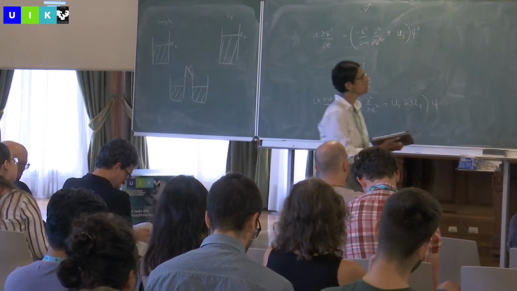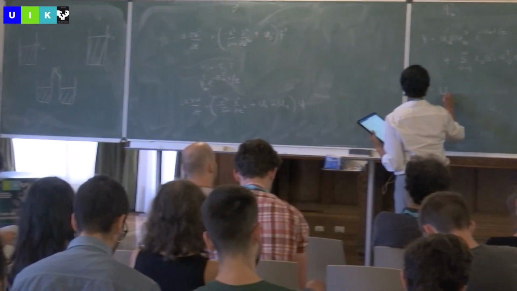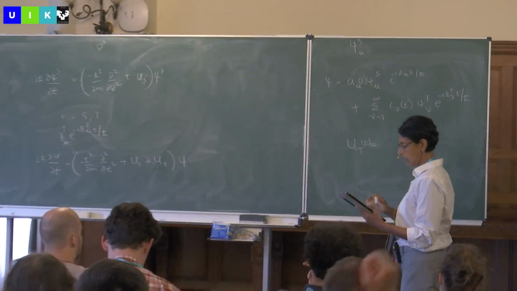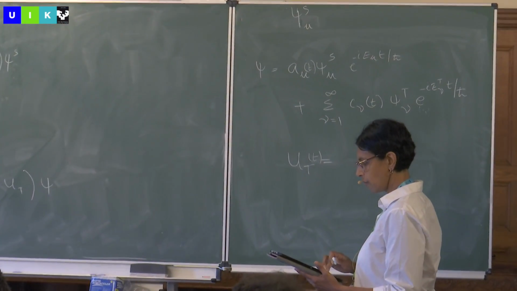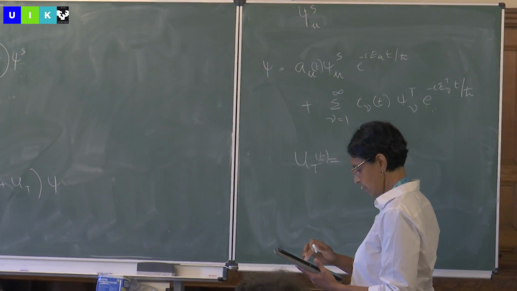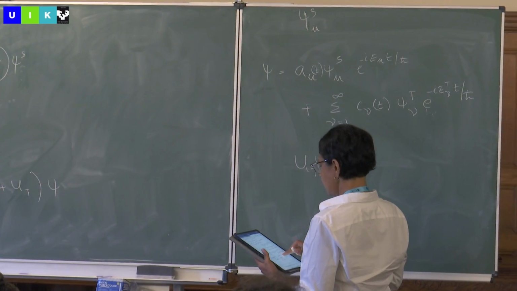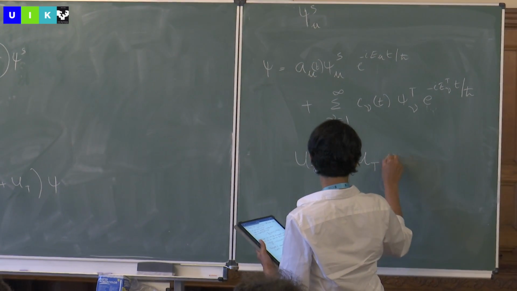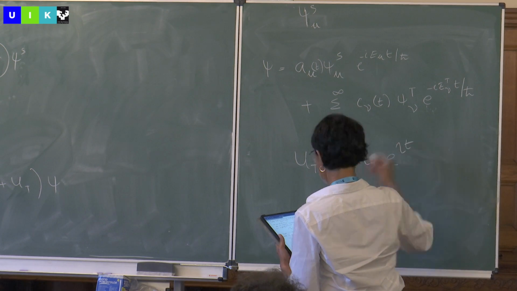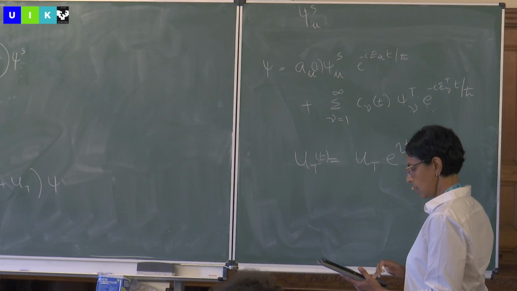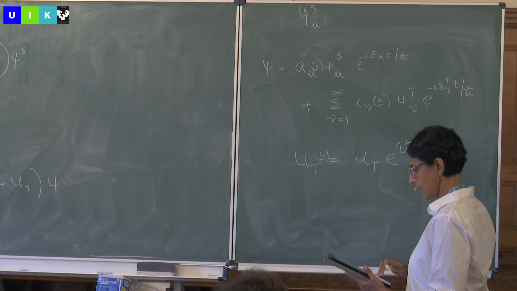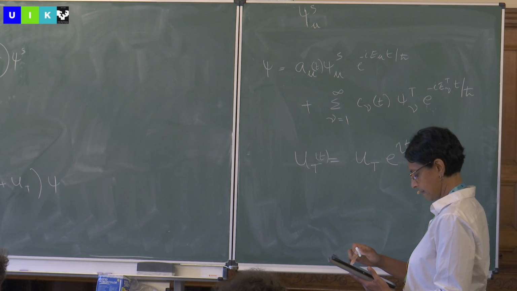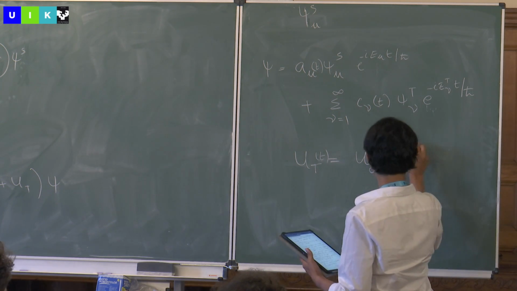So what you do is you turn on your tip. You write it as a time-dependent sort of perturbation. So you say U is eta, some ut e to the eta t over h bar.